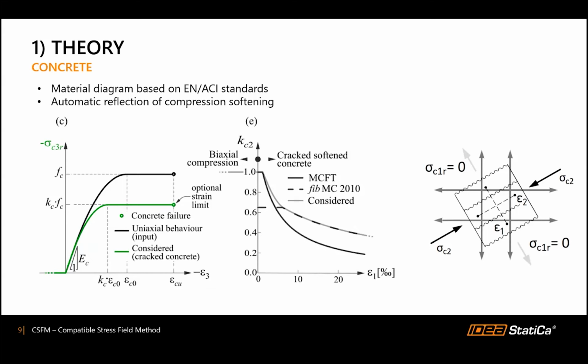If the structure is heavily stressed, there are transverse strains which make the concrete softer, and you need to capture this reality in the material diagrams. So we have it in the material diagrams. We are using this green curve for capturing this effect, which is called compression softening.